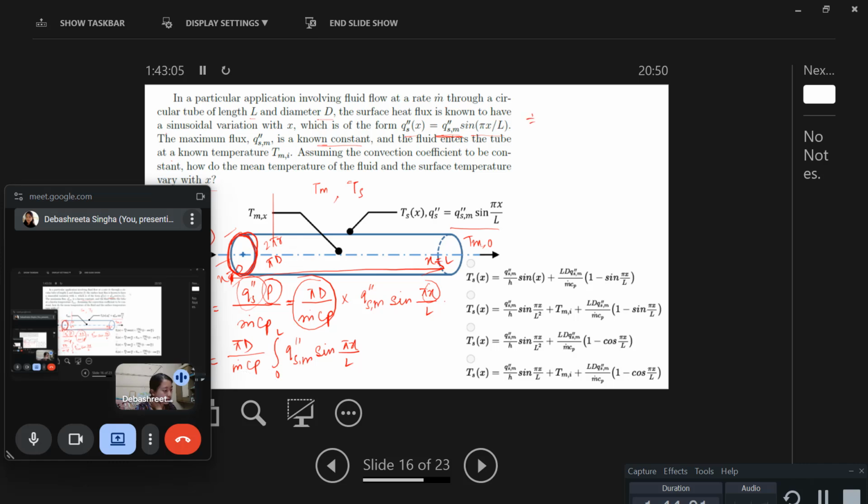So on the left hand side we get Tm naught minus Tmi, equal to pi d divided by m Cp.